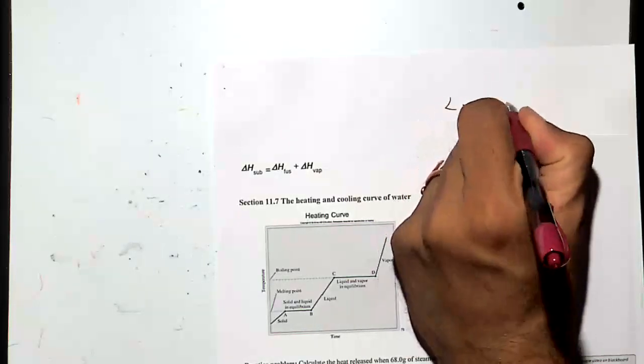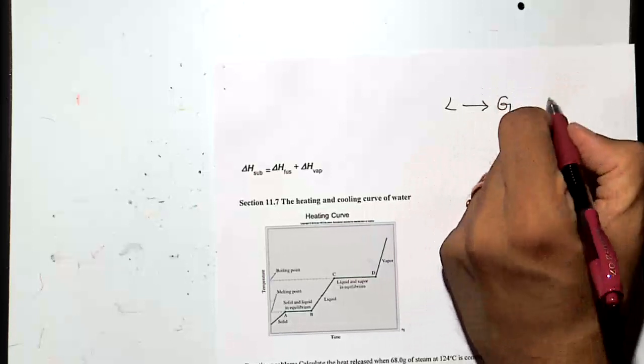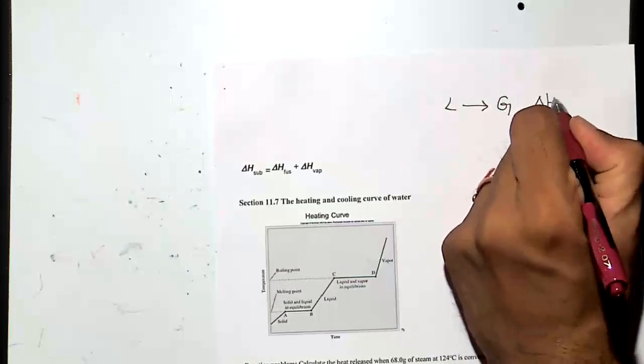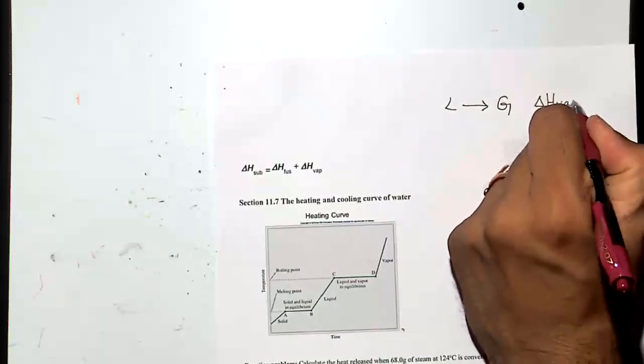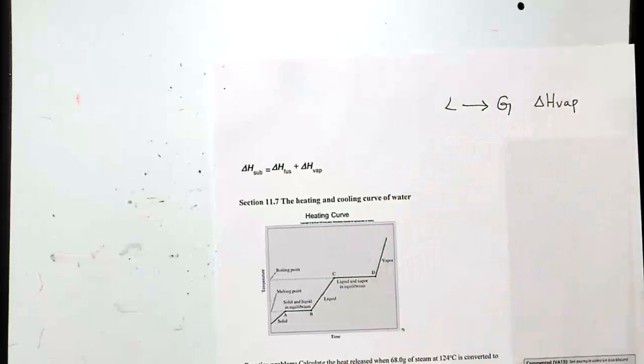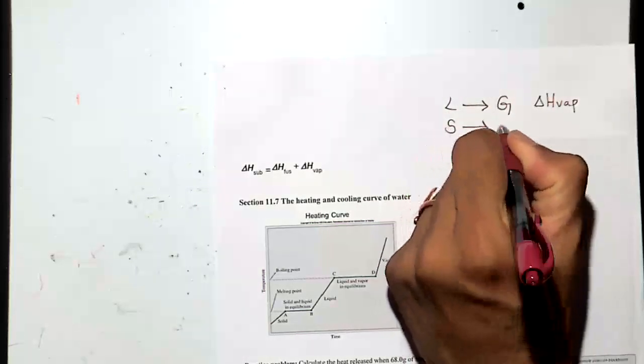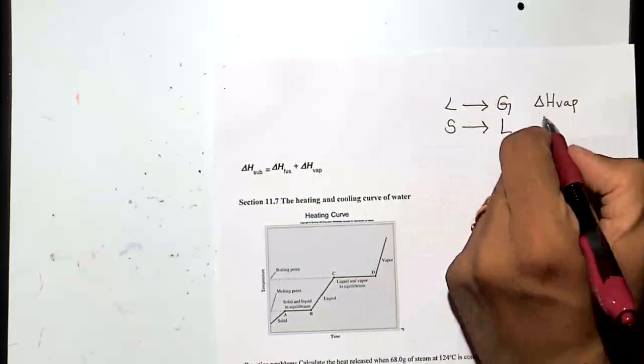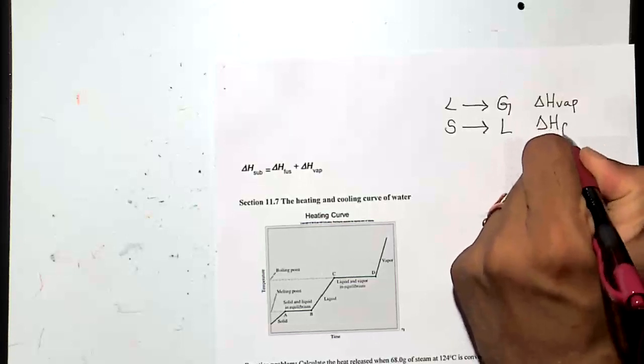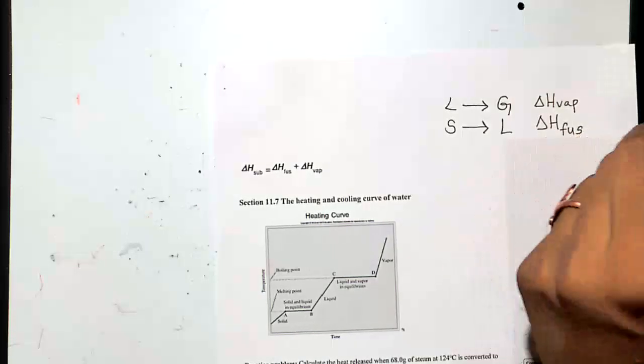We're going from a liquid to a gas. That energy, we'll call delta H vaporization. What is delta H fusion? Melting, so that's the energy required to go from solid to a liquid. That energy we'll call delta H fusion.